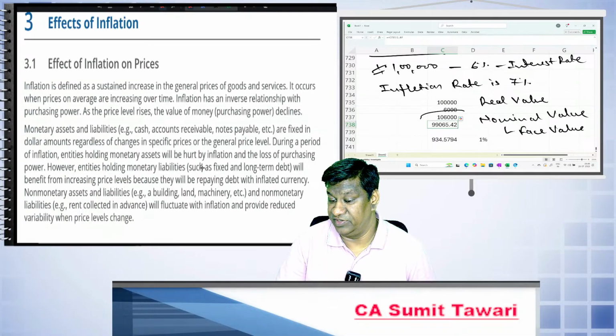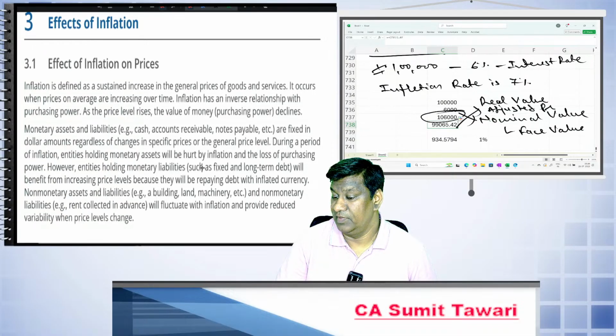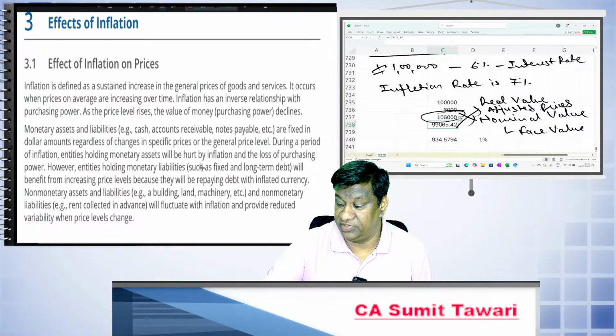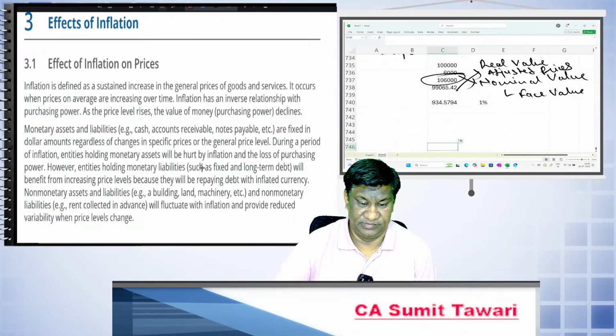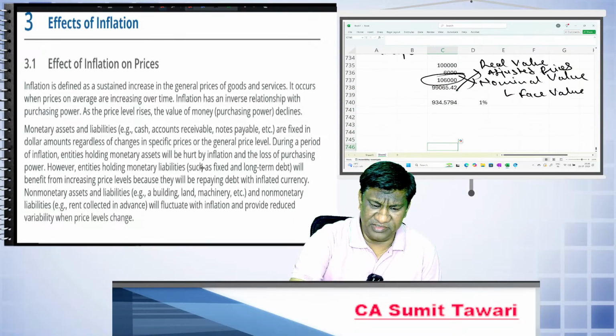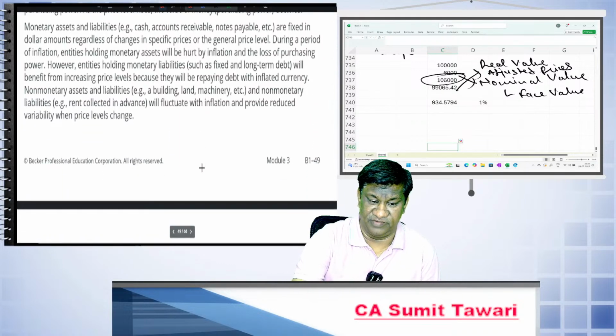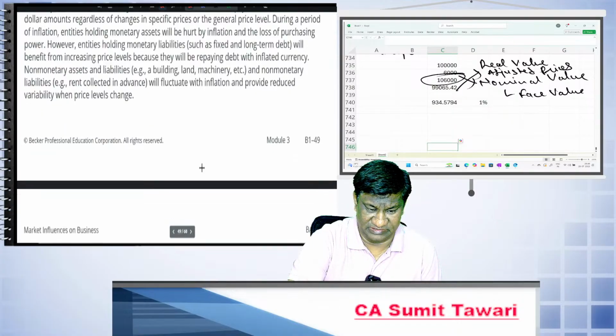Like 1,06,000 is the nominal value, and real value means the adjusted prices. This way inflation affects our monetary assets. In the same way for liabilities, when asset value decreases, liability value increases.